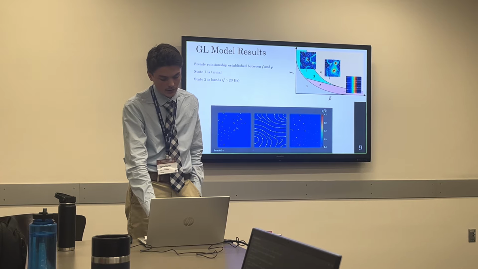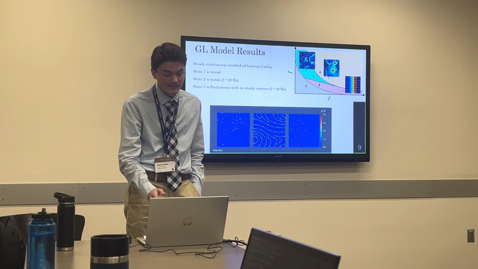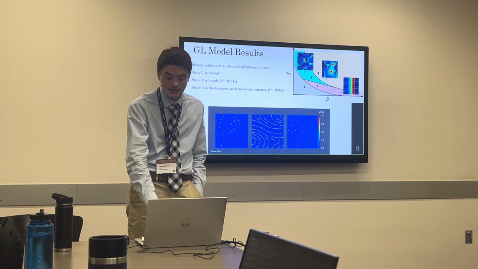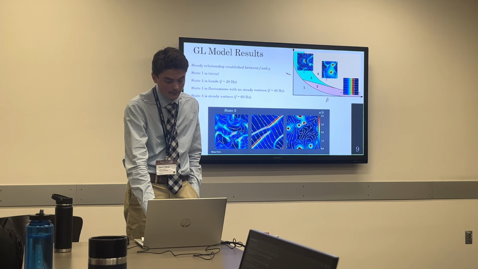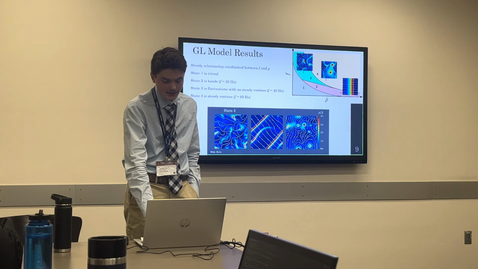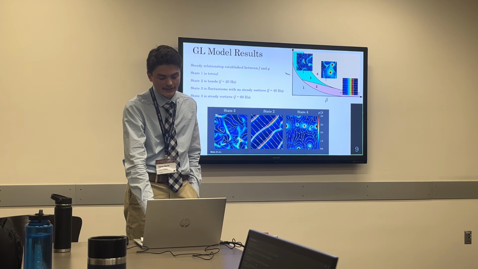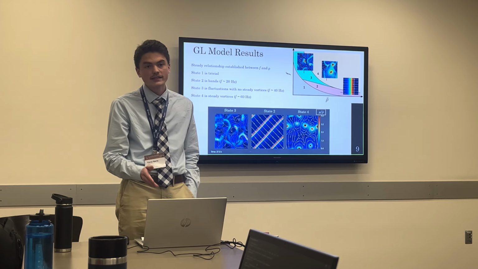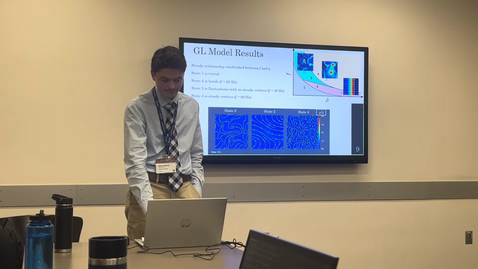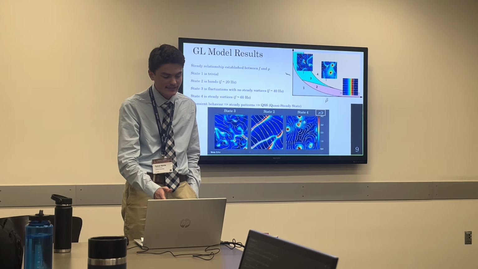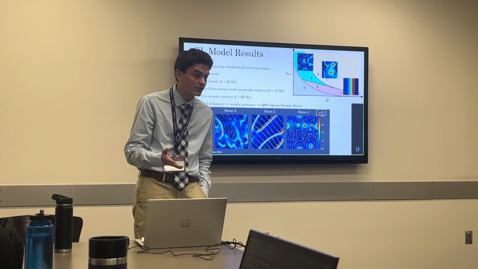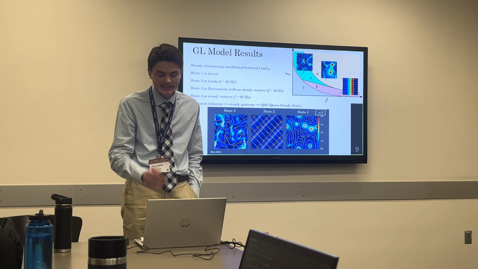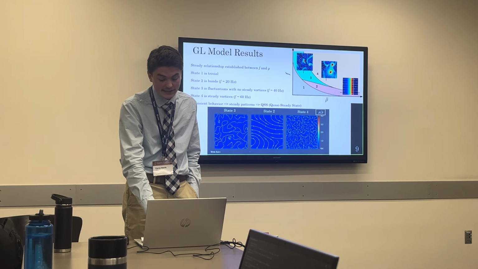This is around 20 hertz. State three, you can start to see steady fluctuations. But then in state four, you actually see vortices forming. And you can see here in this video, this is state three, state two, and then state four. These are all plots of normalized density. You can see this is very transient behavior, but you can see steady patterns coming out. So this is a quasi-steady state.